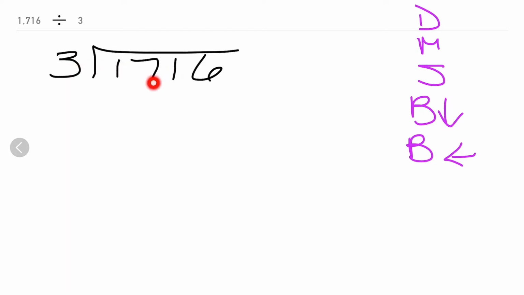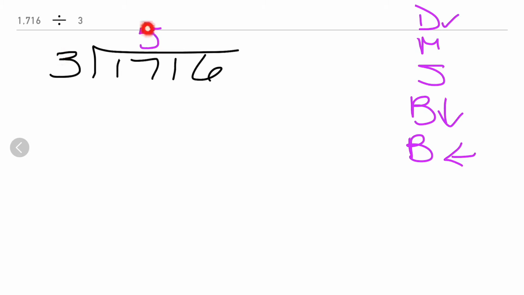That's right. Now, instead of dividing 3 into 1, I'm going to divide 3 into 17. I'm now going to move on to my hundreds place. 3 goes into 17. How many times? Yeah, it goes in 5 times.